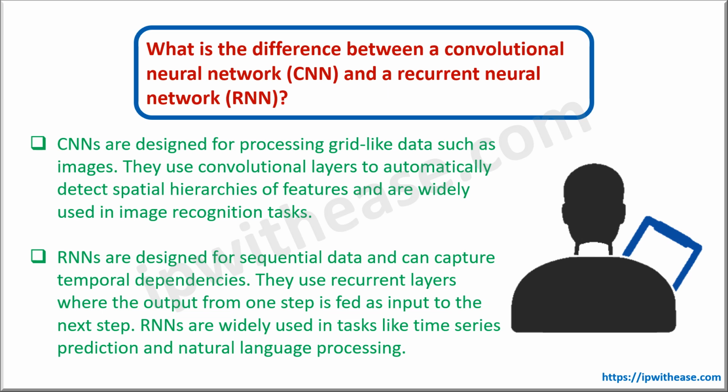RNNs are designed for sequential data and can capture temporal dependencies. They use recurrent layers where the output from one step is fed as input to the next step. RNNs are widely used in tasks like time series prediction and NLP.